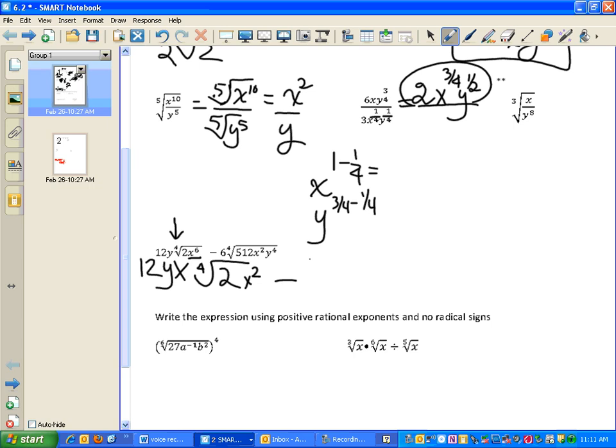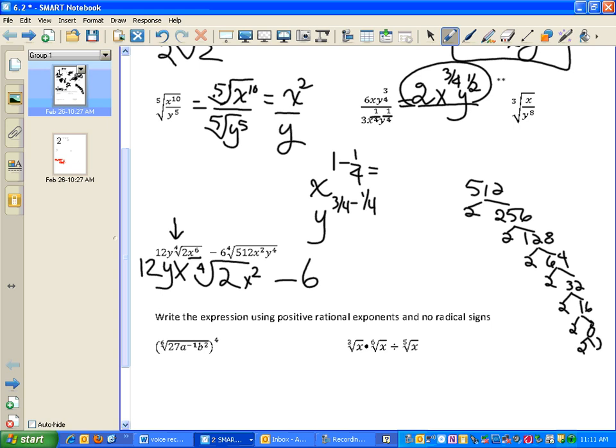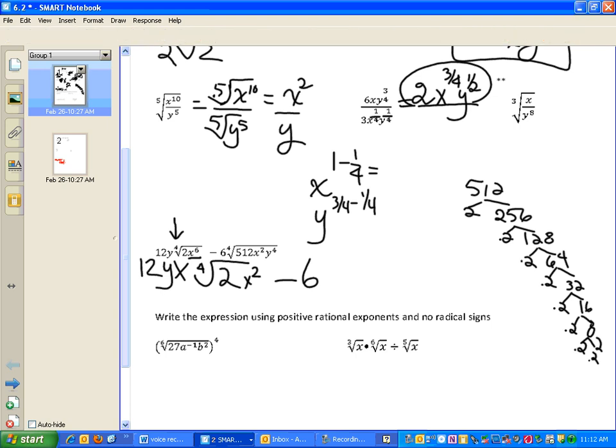I've got this 6. 512. 512 is 2 times 256, which is 2 times 128, which is 2 times 64, which is 2 times 32, 2 times 2, 8, 2, 2, and 2. So basically it's a whole string of 2's. How many 2's are there? 1, 2, 3, 4, 5, 6, 7, 8, 9.